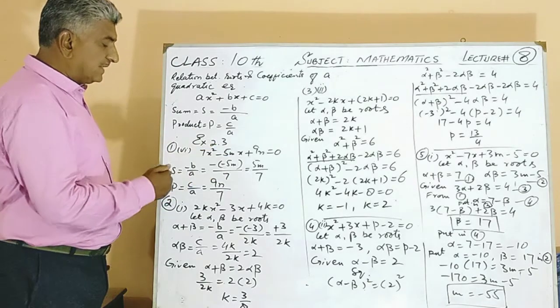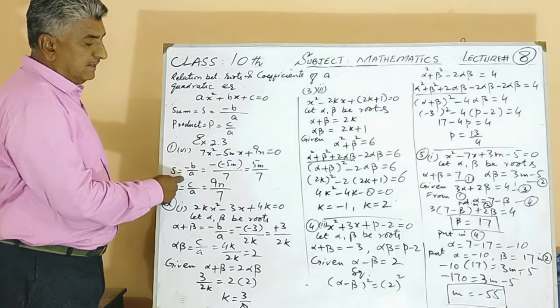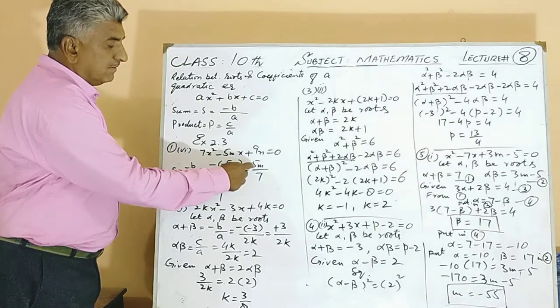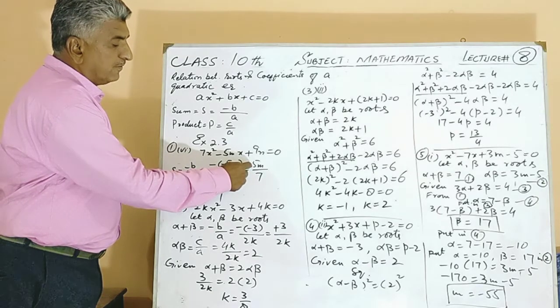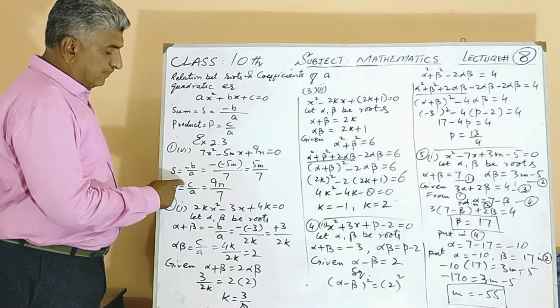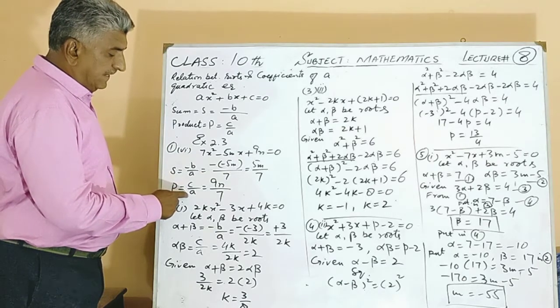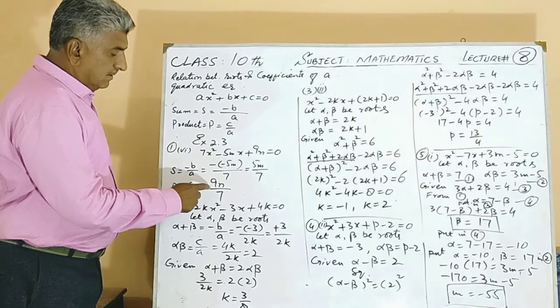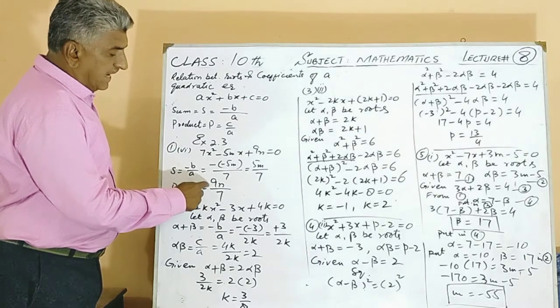After putting the values of b and a, we will get sum equal to 5m upon 7, and product, after putting the values of c and a, we will find the product 9n over 7.